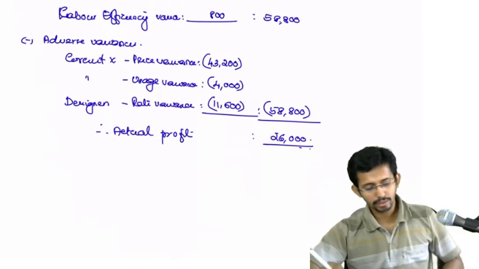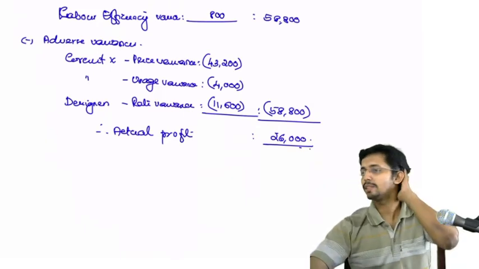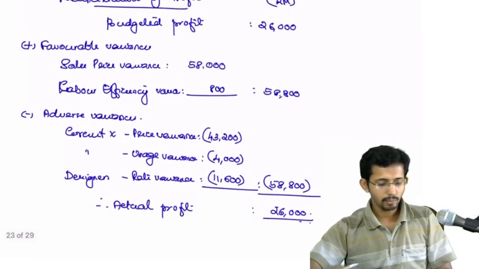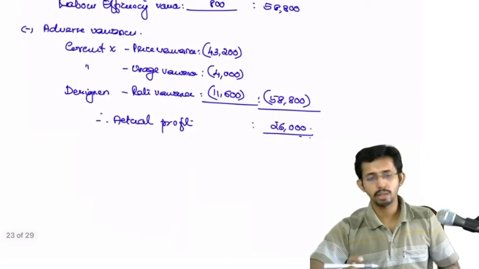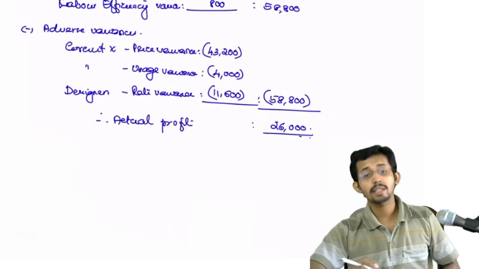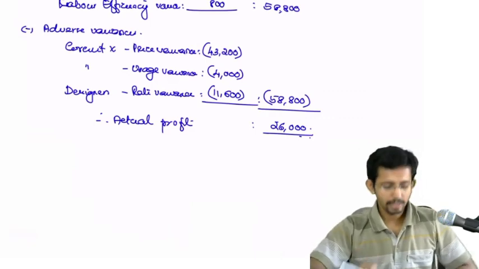Okay, so what you can conclude, even though the actual profit is equal to budgeted profit, there are various variances in most of the cost components. Therefore, such variances have to be analyzed component wise.